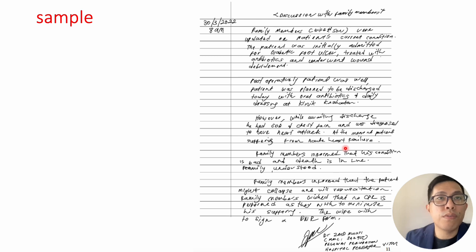They are not keen for active resuscitation and they wanted to sign a DNR form. My signature, my name, my MMC number, my jawatan and my hospital. This is an example of a complete documentation. So I used the entire page of the paper to document this, because this is a significant documentation.